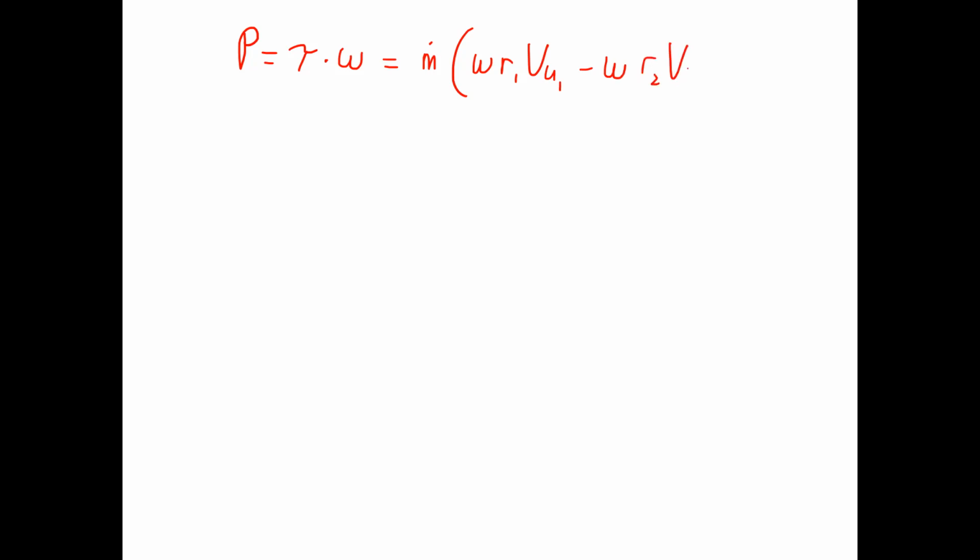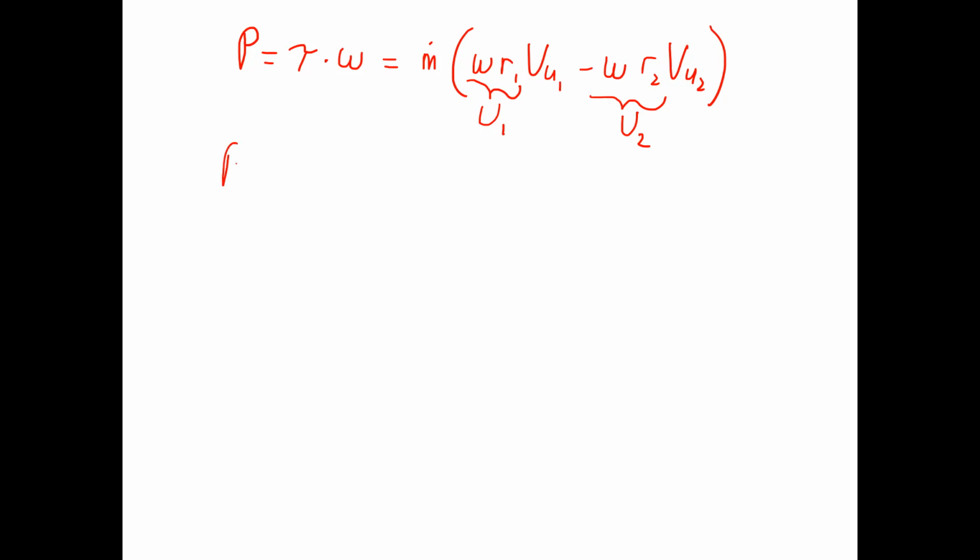Now, we can simplify this further, knowing that omega r1 is the tangential velocity of the rotor or the turbomachine at the entering point of the fluid, and omega r2 is the tangential velocity of the turbomachine at the exiting point of the fluid.